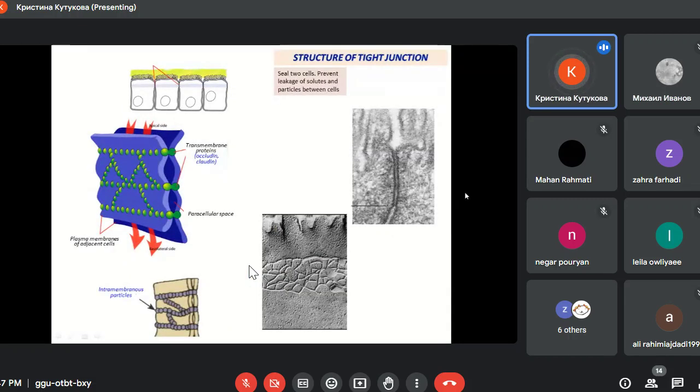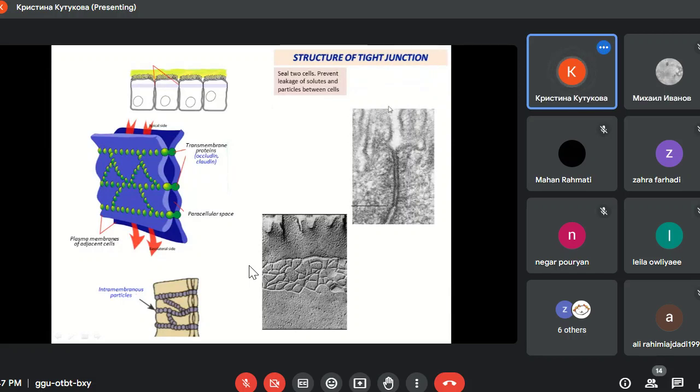Now, about all these junctions, once again in detail. Actually, you will need all the names of these proteins, because you will have a task in your workbook, and also it will be asked during the colloquium. So look at these particular proteins. Tight junction locates at the top.